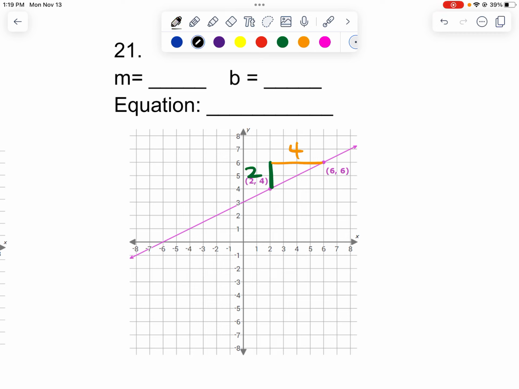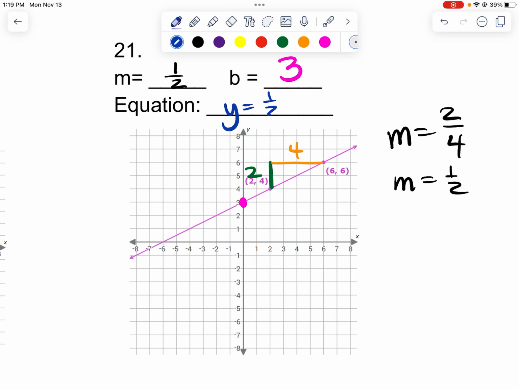So my slope for this one is 2 over 4, which simplifies to 1/2. My b value, where it hits the y-axis, is 3. So my equation of the line is 1/2 x plus 3.